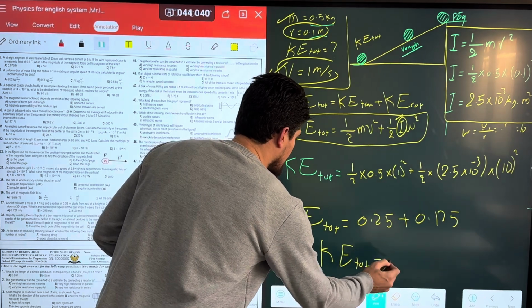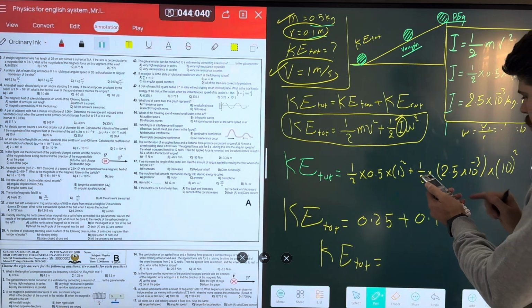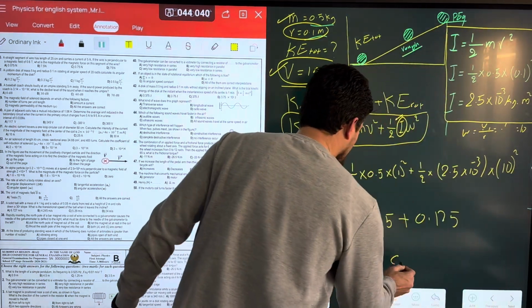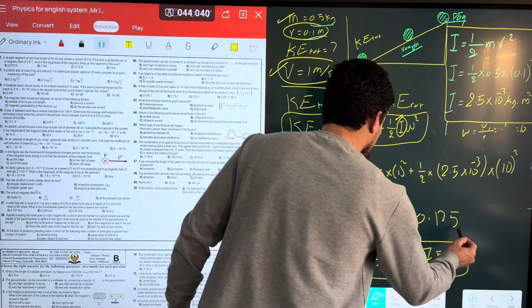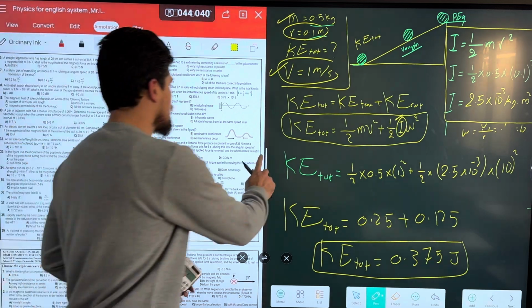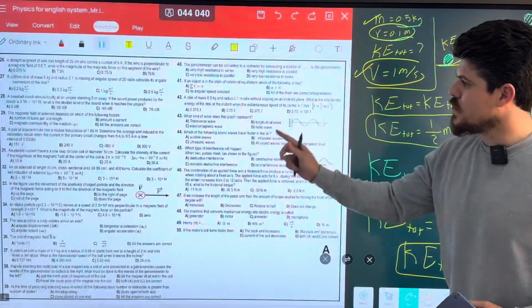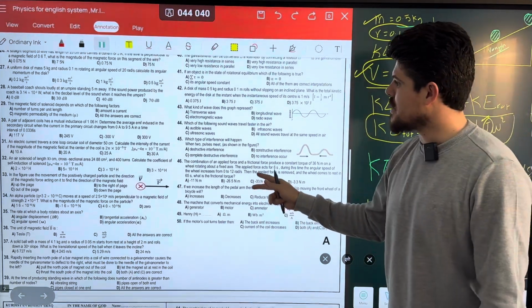Total kinetic energy for the disc is equal to what? Is equal to 0.375 joule. So in this way, you can find the total kinetic energy. So this was question 42 in 2020-2021 Wizare exam.